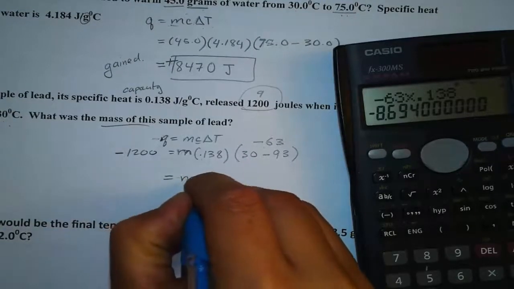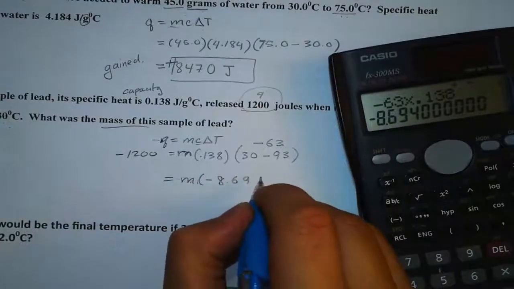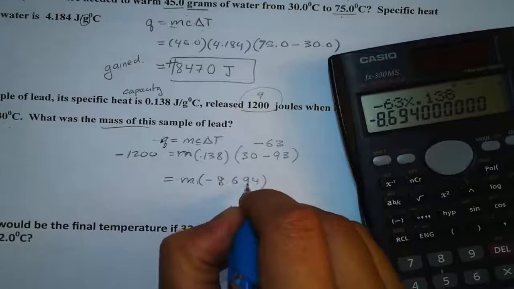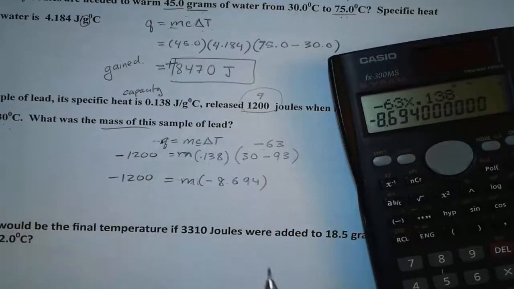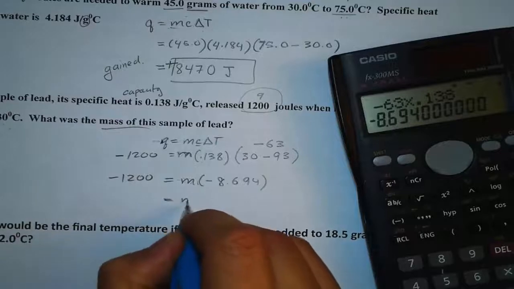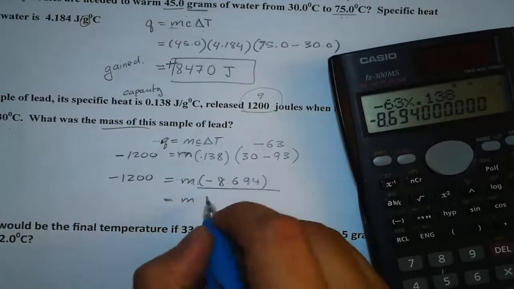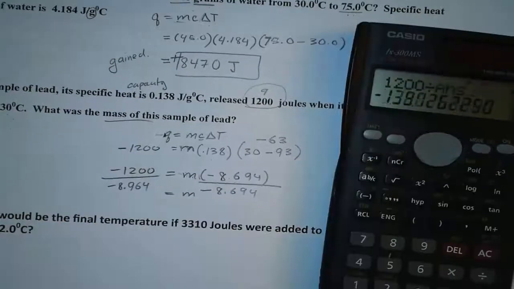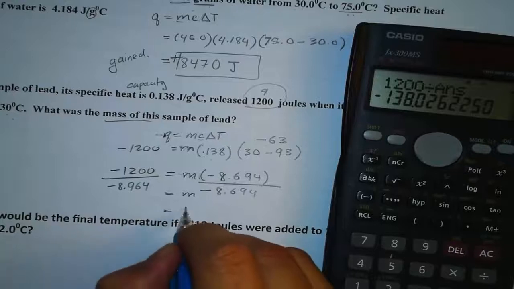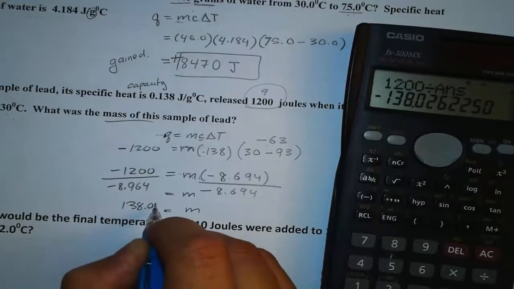So we have m times negative 8.69. Okay, let's keep 3 decimal places for now. And that's equal to negative 1200. And what is m going to be? Of course, we're going to divide both sides by negative 8.694. Answer. So your m is going to be 138.03.